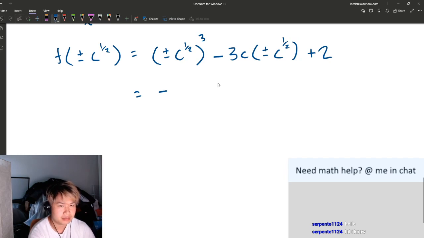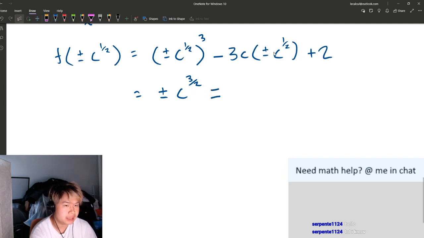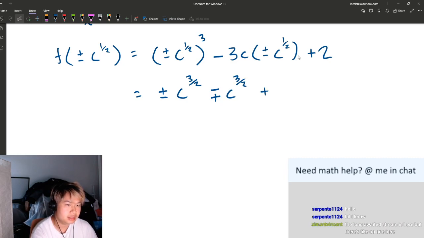So this just becomes plus or minus c to the power of 3/2. This is a negative, so when we multiply it with this plus or minus, it's going to become minus plus. And then you have c times c to the power of 1/2, which is another 3/2 plus 2.